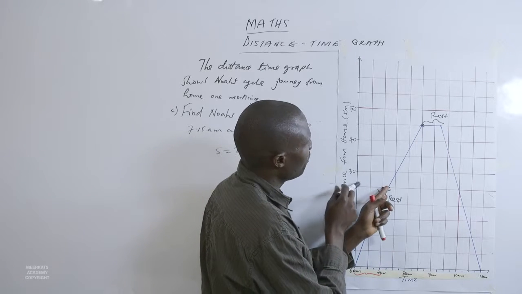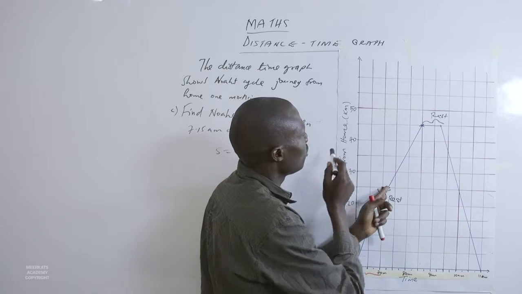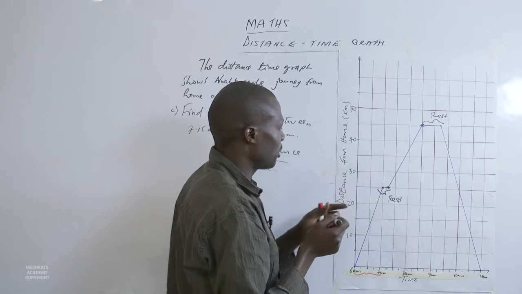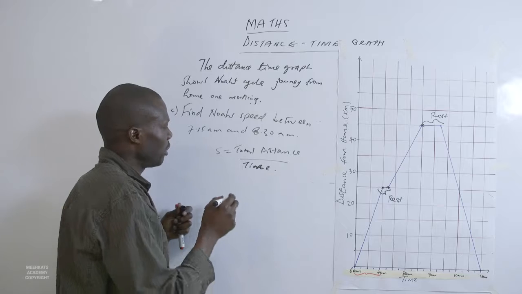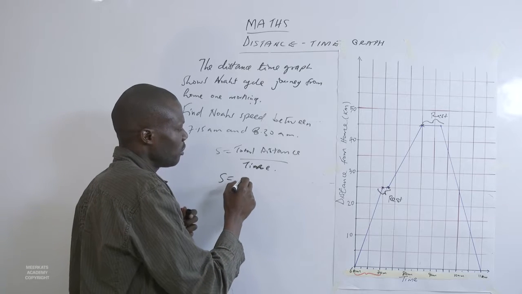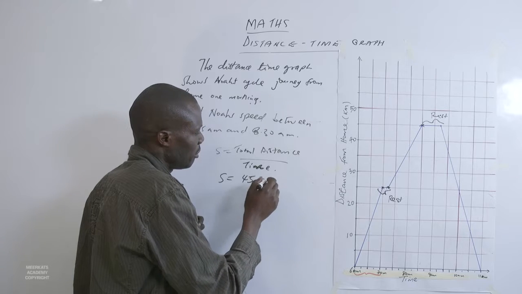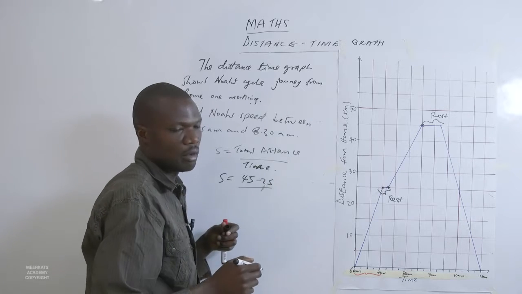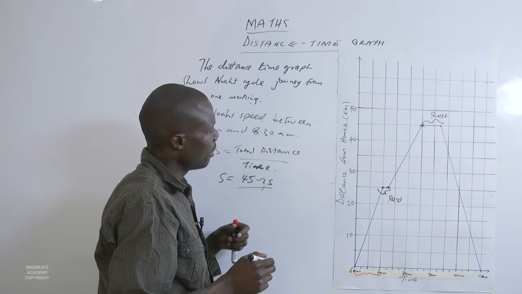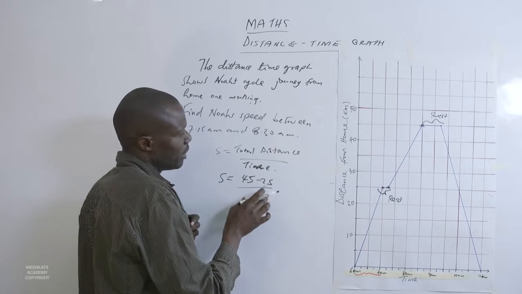The distance is 25. We have stopped here. The distance is 45. So take 45 minus 25. So speed is equal to distance traveled, which is 45 minus 25, over time.